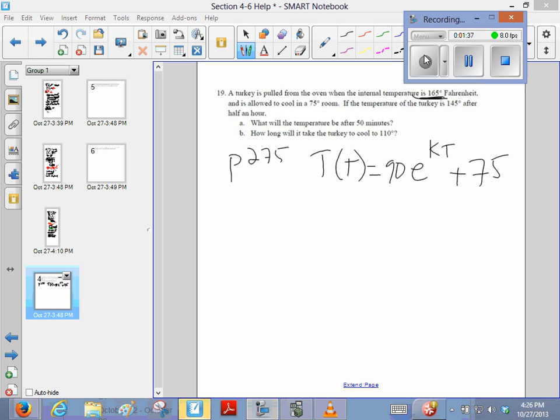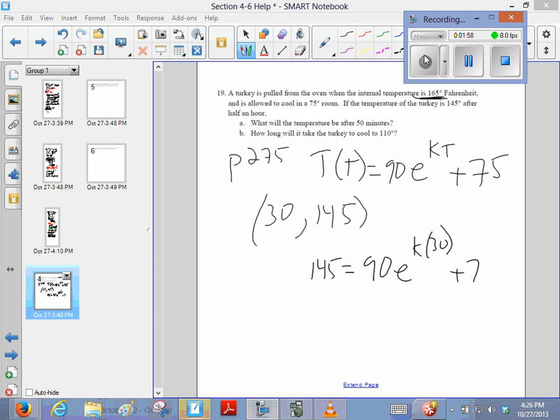Then we're going to use the fact that in 30 minutes, half an hour, the temperature has cooled to 145. That'll allow us to find that k, that multiplier. So 145 equals 90 e to the k times 30, plus 75.